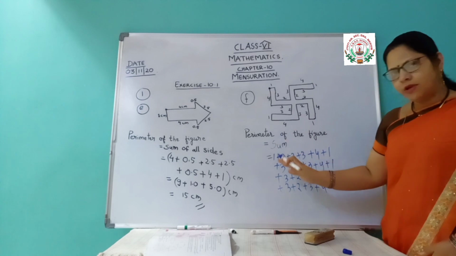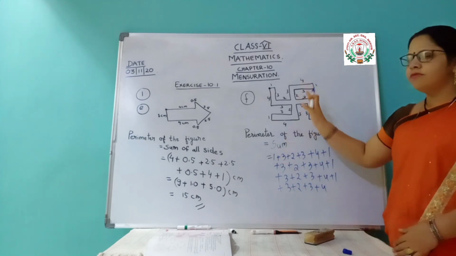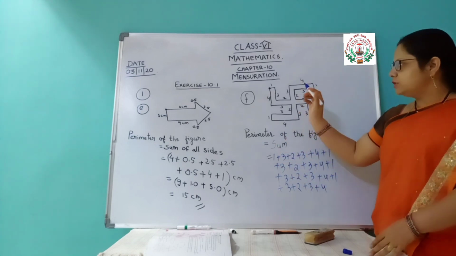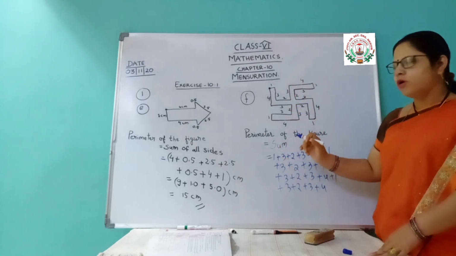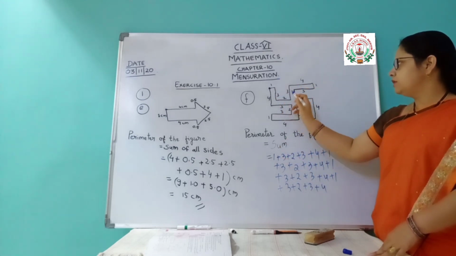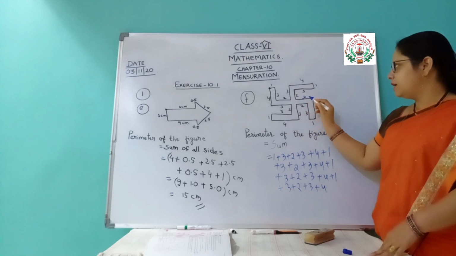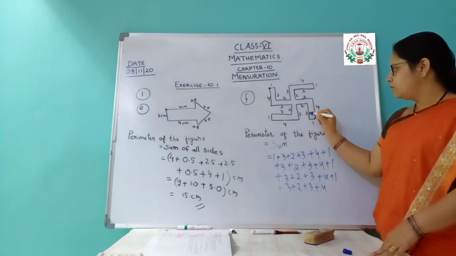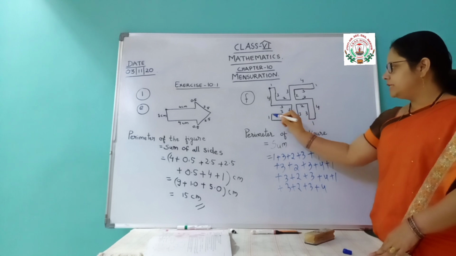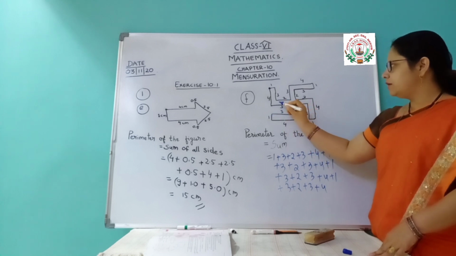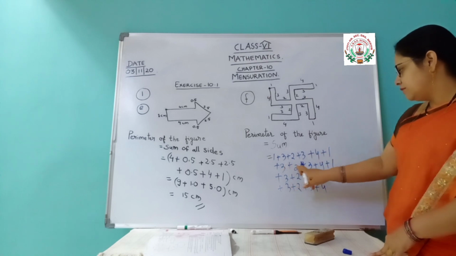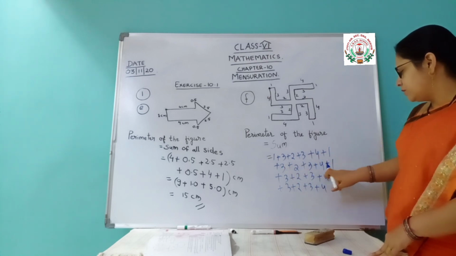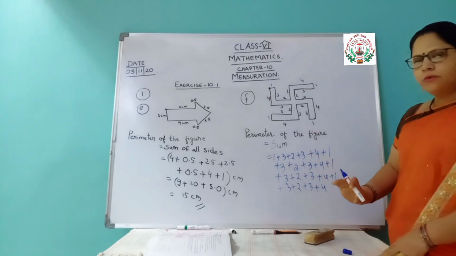And if you are having any doubt whether you have written all the numbers or not, just count how many numbers are given here and how many numbers you have copied here. That is 1, 2, 3, up to 20.